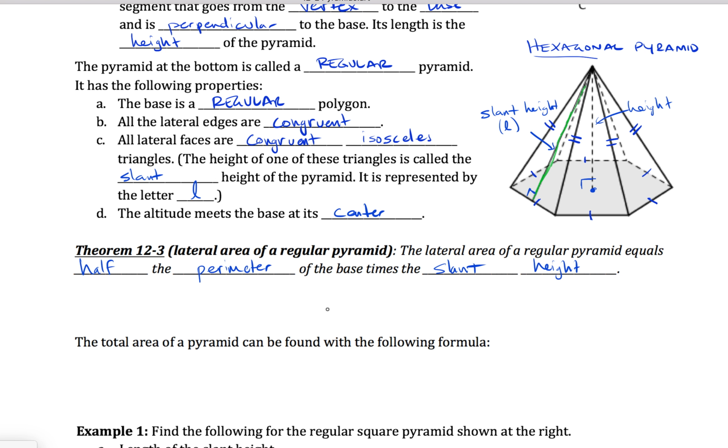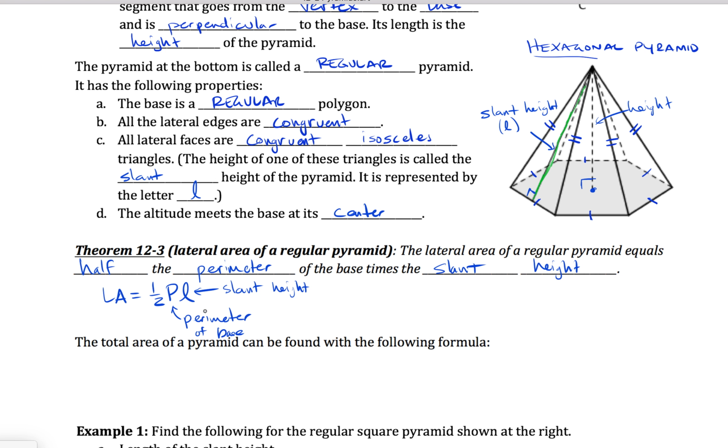Or if we were going to try and shorten that down, we might say lateral area equals 1/2 capital P times L, where capital P is going to stand for perimeter of the base, and the L stands for the slant height. Right? So that's how we would calculate the lateral area, which is the sum total of all the lateral faces of this pyramid.